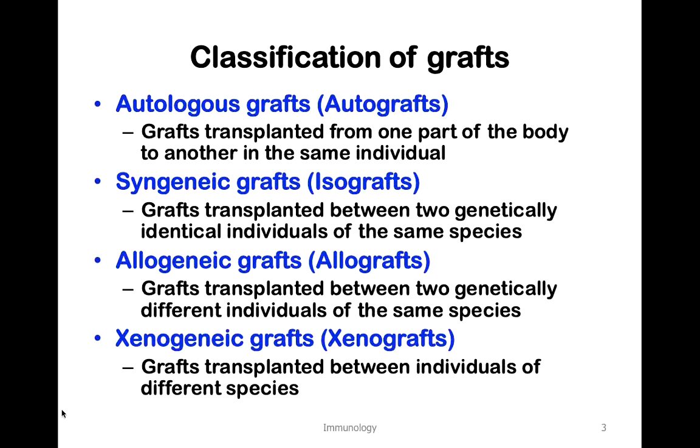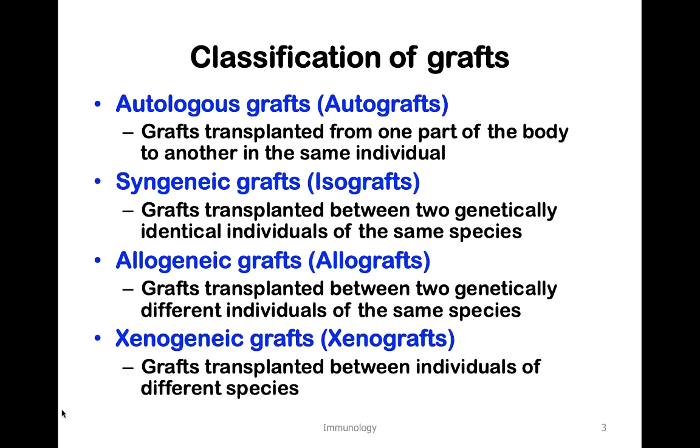If genetically identical individuals are available, then organs or tissues from them can be transplanted, and in this case the grafts face no chance of rejection. The grafts are accepted because of the genetic identity.